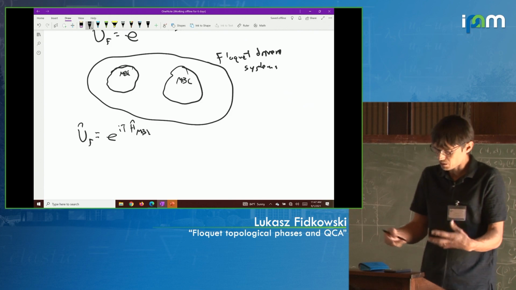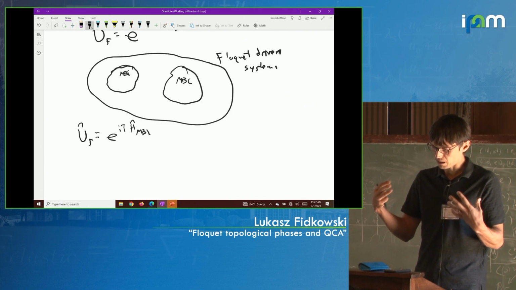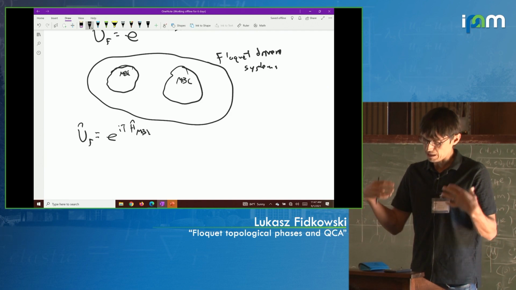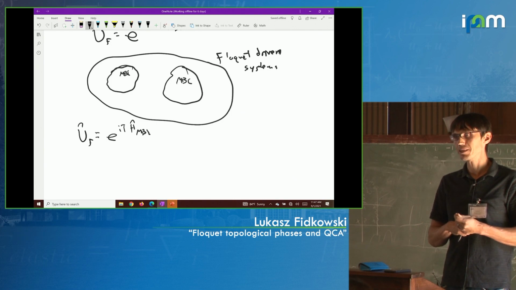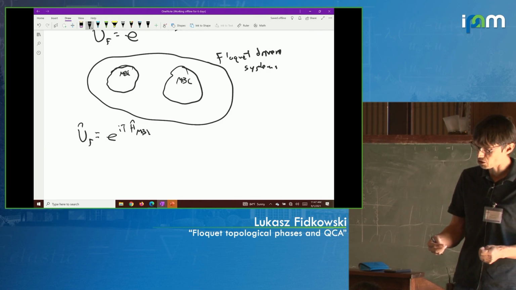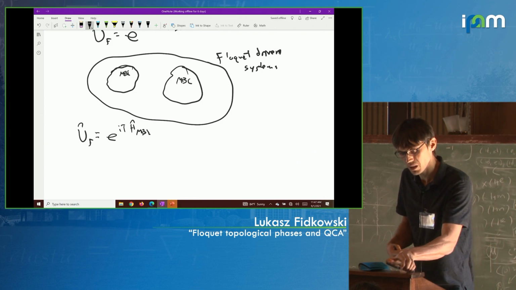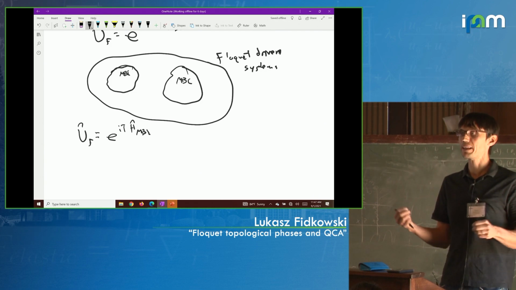You might realize topological order in eigenstates of this effective MBL Hamiltonian, H_MBL. But it turns out that there's actually a much richer set of phenomena that can occur in these Floquet-driven systems. There's more that can happen.